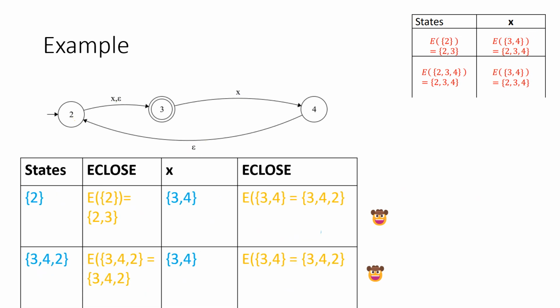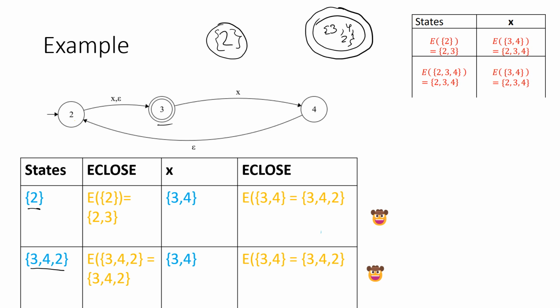All right, just to finalize things, since I have the subset construction of this NFA, I can see how to draw a DFA. So what I'm going to do is take these states that are on the left-hand side. I have 2, and I have 3, 4, 2, which, since 3 was originally an accept state, this is an accept state. So I only have 2 states.